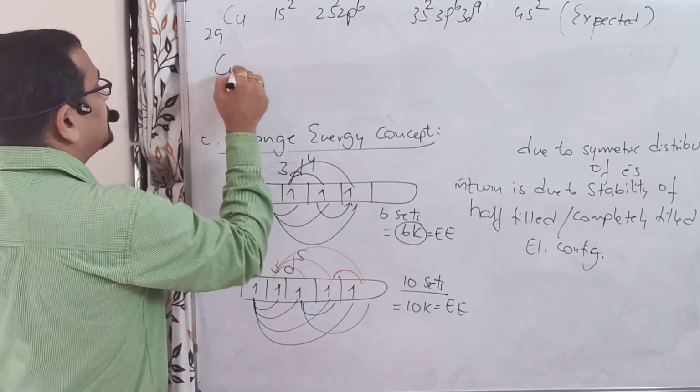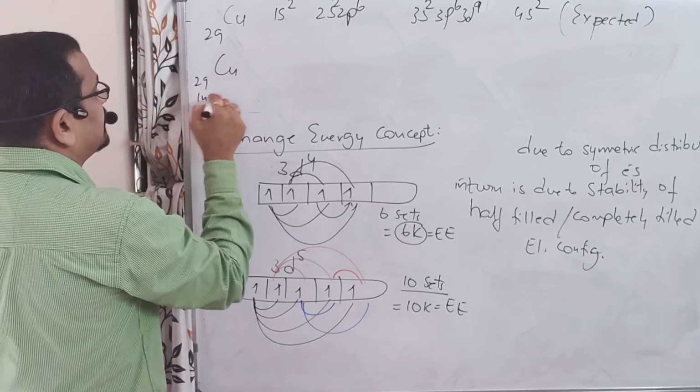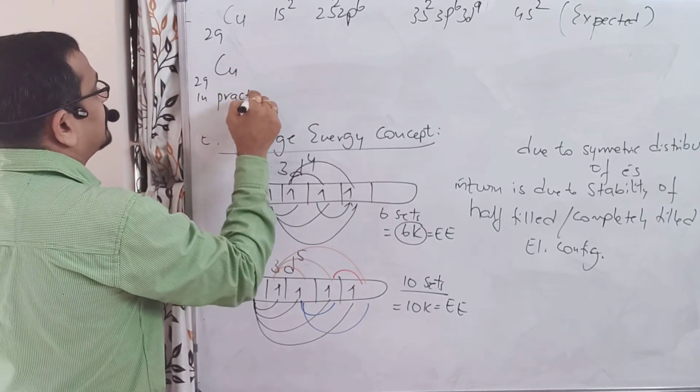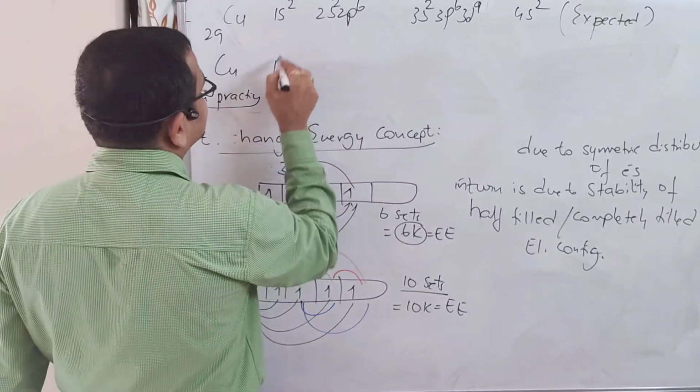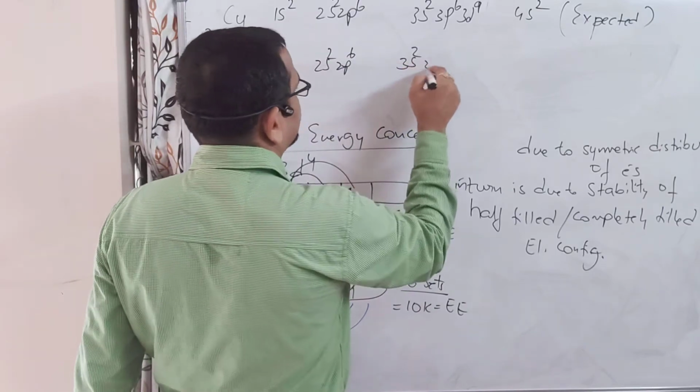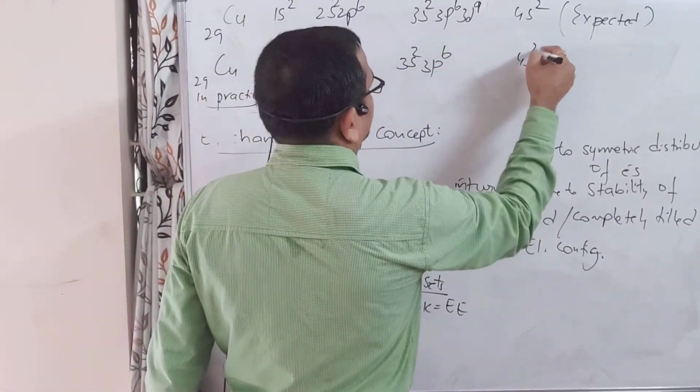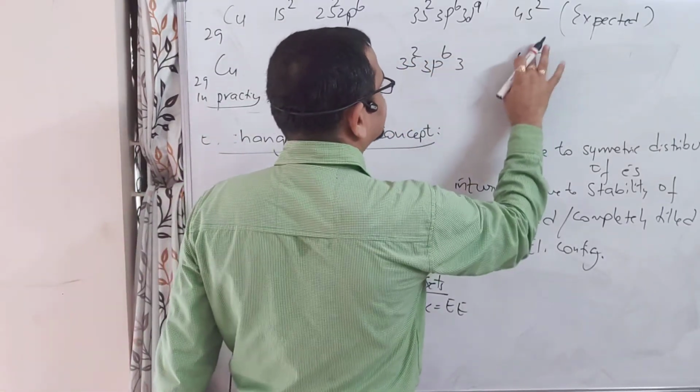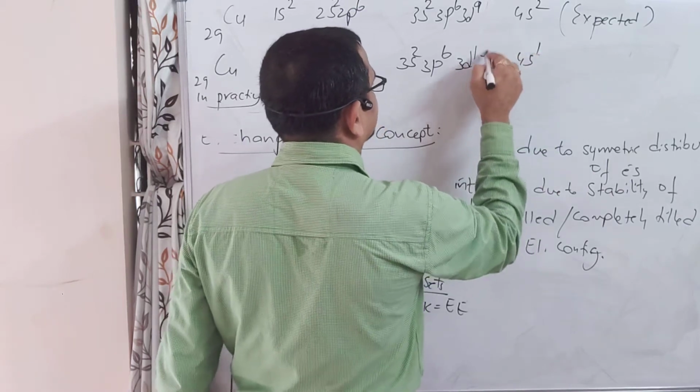But in practice, the electronic configuration of copper was observed as 1s2, 2s2, 2p6, 3s2, 3p6, 4s1, 3d10.